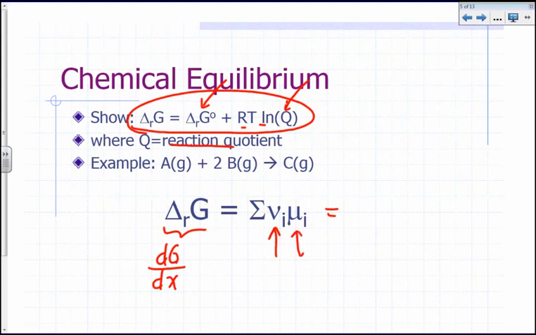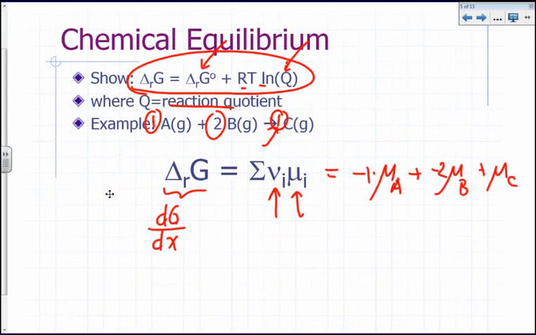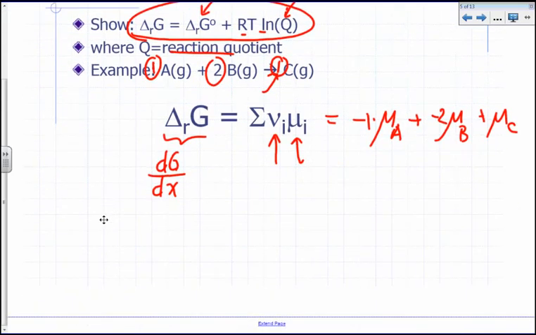So in this particular case, you're going to say the stoichiometric coefficient of A is 1, so -1 times mu sub A, plus the coefficient of B is 2, so -2 times chemical potential of B, plus coefficient of C is 1, so plus chemical potential of C. All right, so that's your delta G for this reaction.